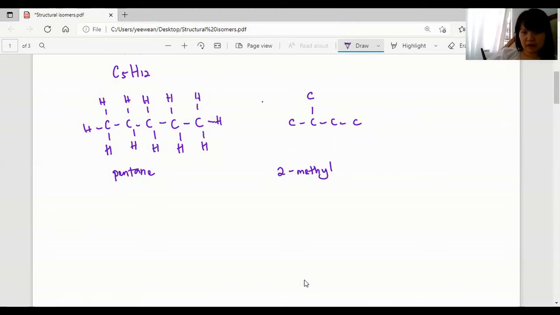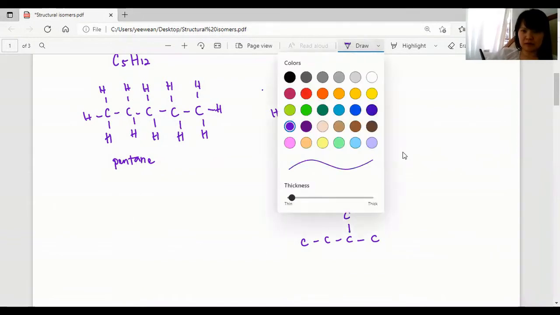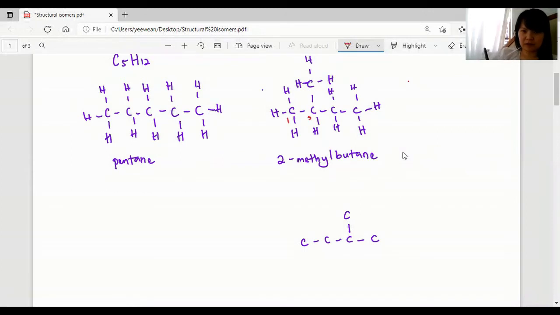So methylbutane. Let's see if there's a number 3. So there you have it for 2-methylbutane. What about 3-methylbutane? Does that exist? Okay, so if I were to draw it like this, number 1, counting from the left, 2, 3, 4. So number 2 has the methyl group.